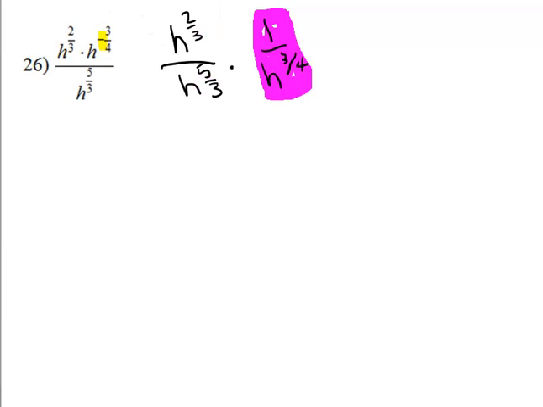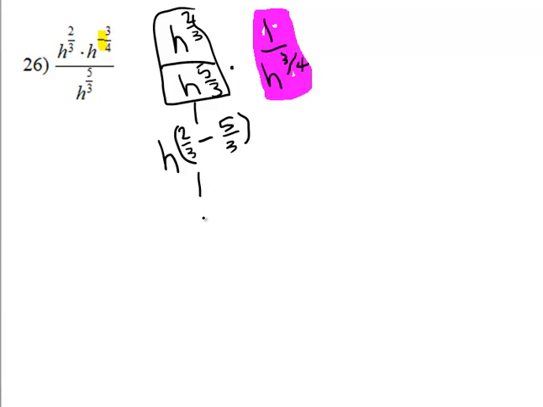The reason I chose to work on these separately is, if you notice, the denominators of the exponents are both the same. So this is h to the 2/3 over h to the 5/3. Because I'm dividing, I'm going to subtract my exponents, find their difference. And that will be h to the negative 3/3.